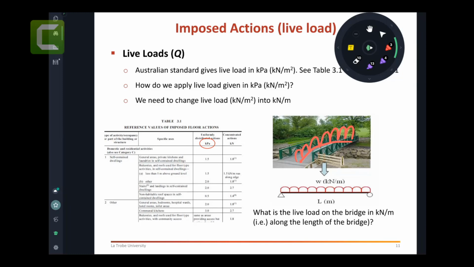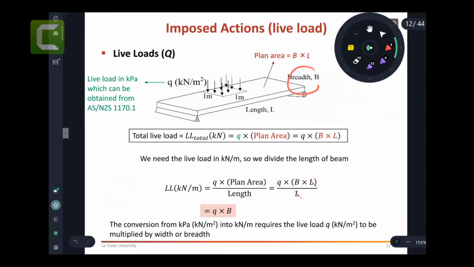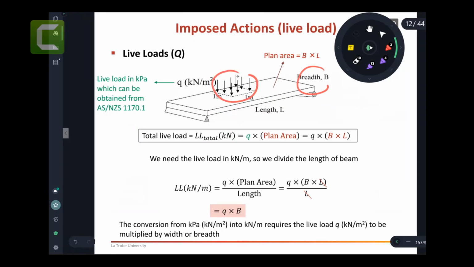And if I need to determine it as kilonewton per meter, I would go to the standards. The standards will give it to you in kilonewton per meter square, right? And what does kilonewton per meter square mean? It is actually a pressure distributed all over the floor of the bridge.